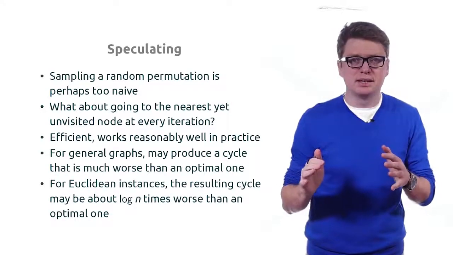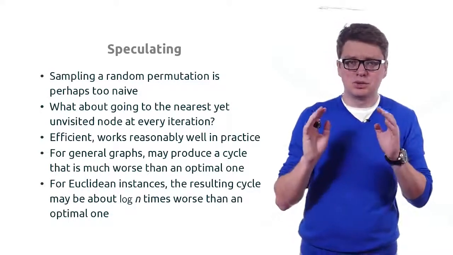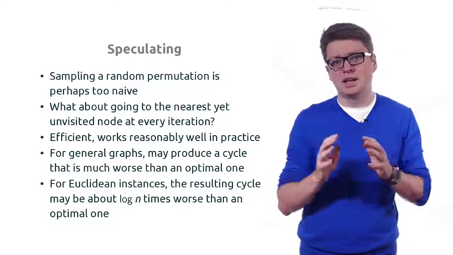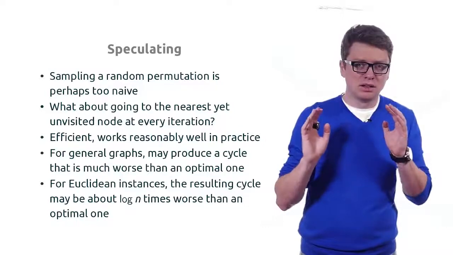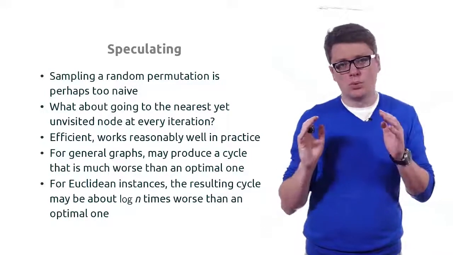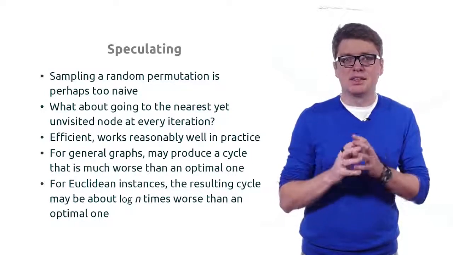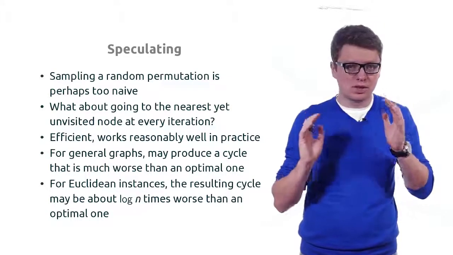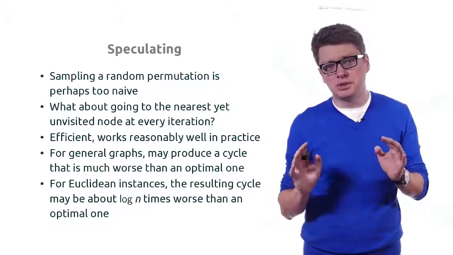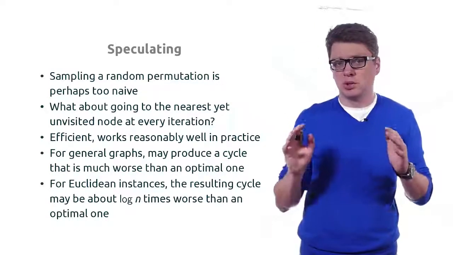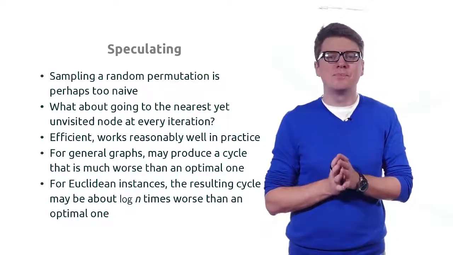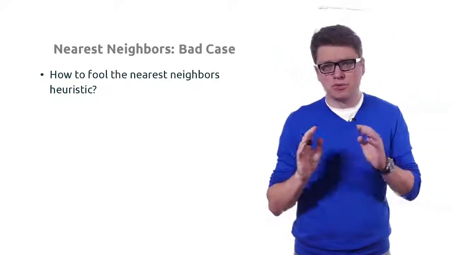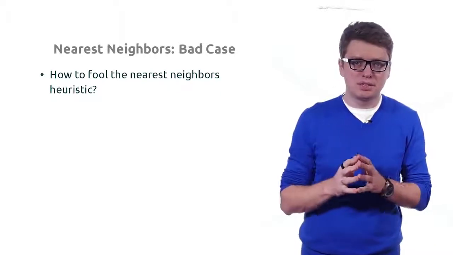For Euclidean TSP, it usually works better, but still it can produce a cycle which is roughly logarithm of n times worse than the optimal one. So for example, when n is equal to 1000, it will produce a solution which is 10 times longer than an optimal one.